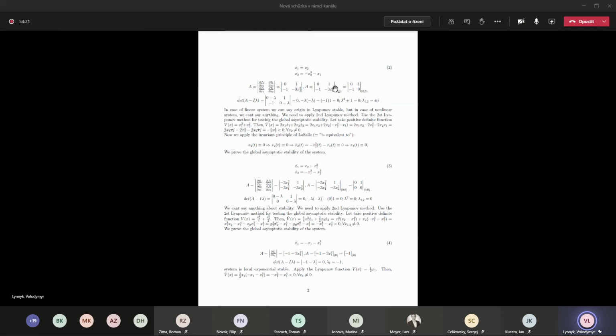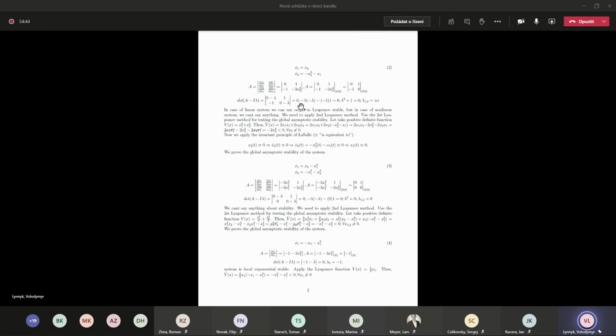Then we put x2 equal to 0, and matrix A has this form.